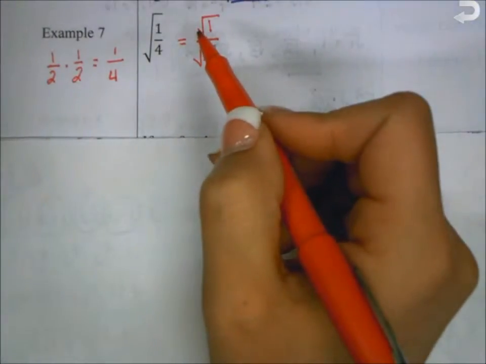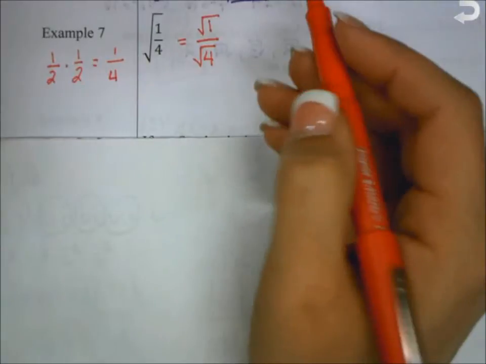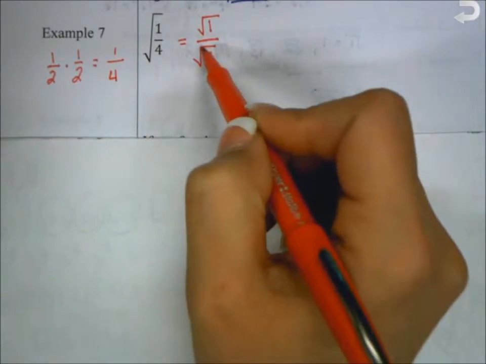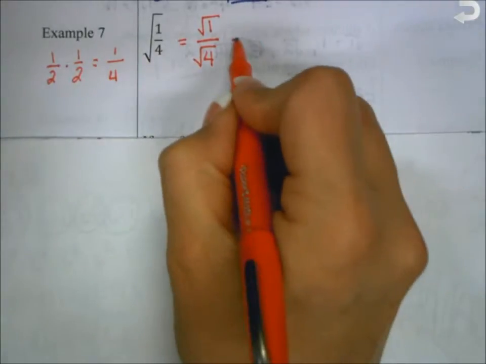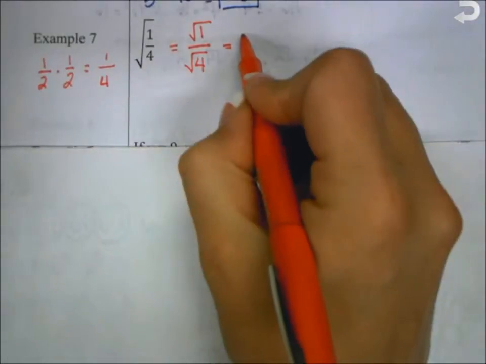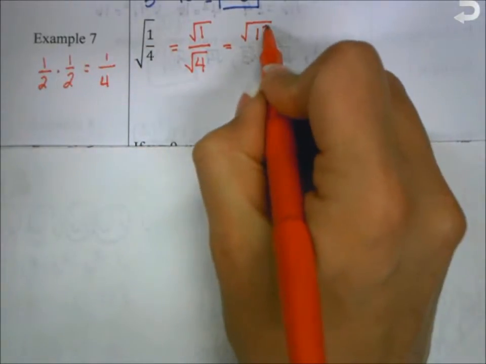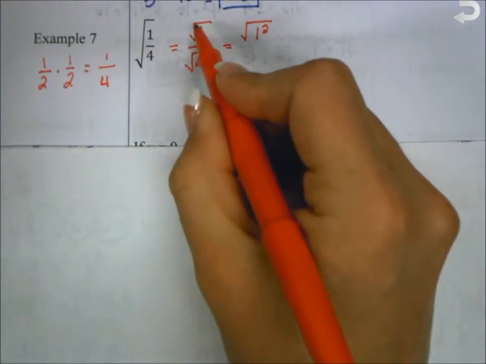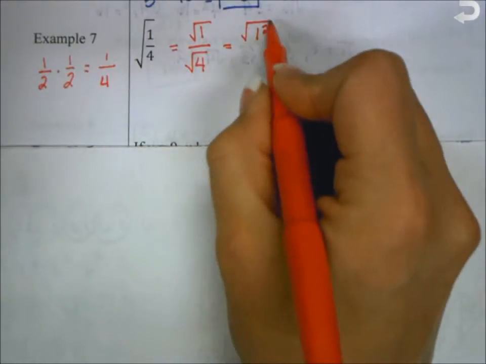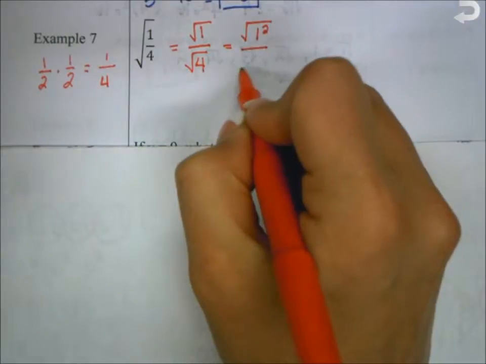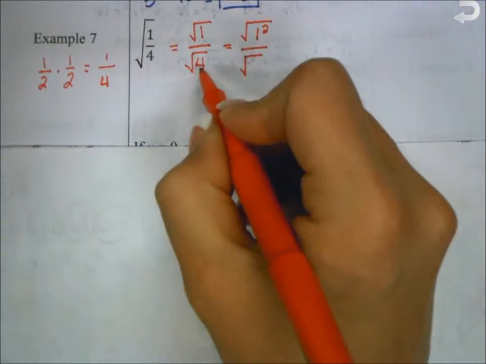Okay, so let's look at this. What times itself gives me 1? 1. So we write the square root of 1 is equal to the square root of 1 squared over, 4 is the same as what times itself? 2. So the square root of 4 is the same as the square root of 2 squared. Yes?